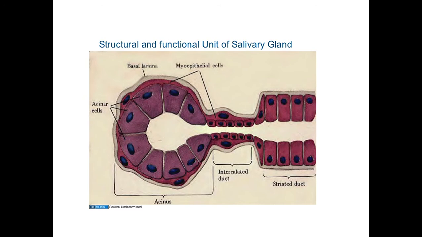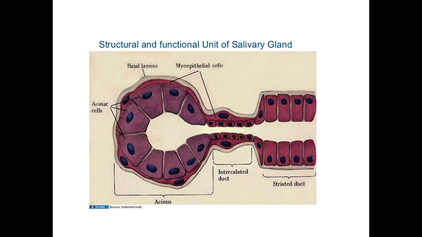From the last part of the acinus, we have a change of the cell from pyramidal shape to cuboidal shape, giving the passageway of the salivary gland, which is referred to as the intercalated duct.